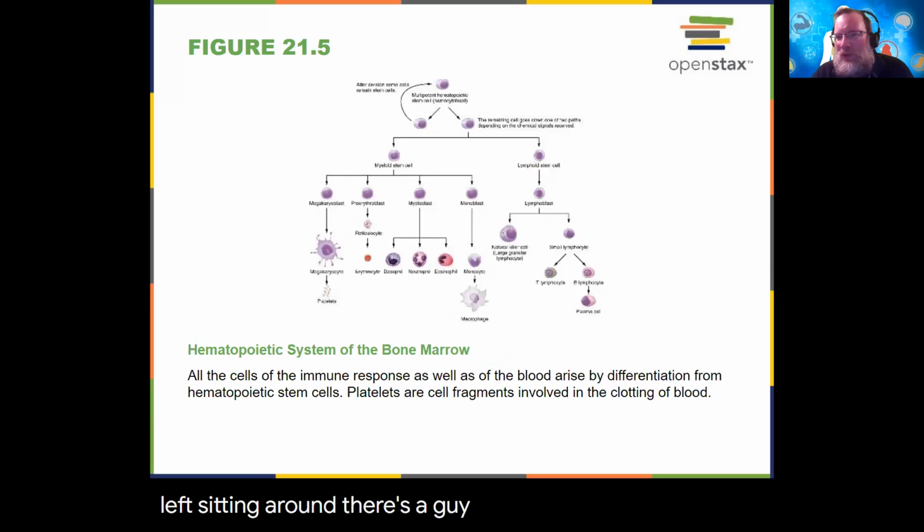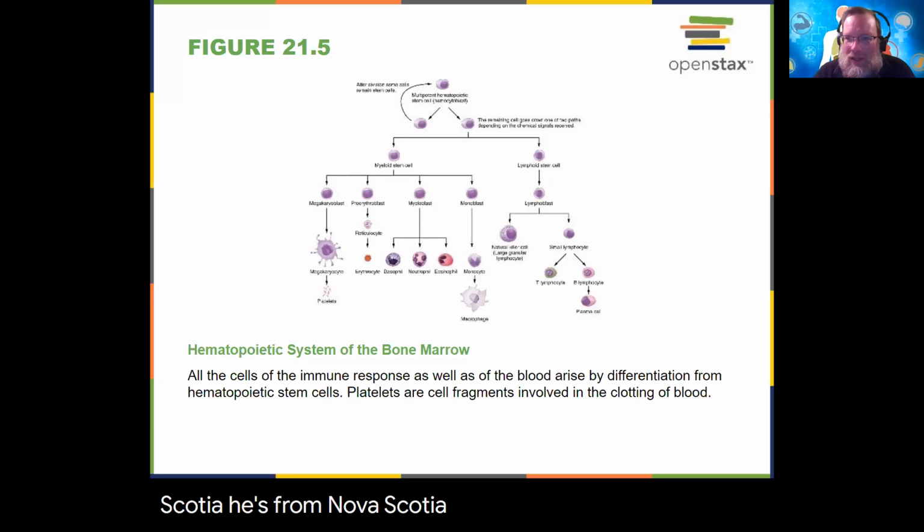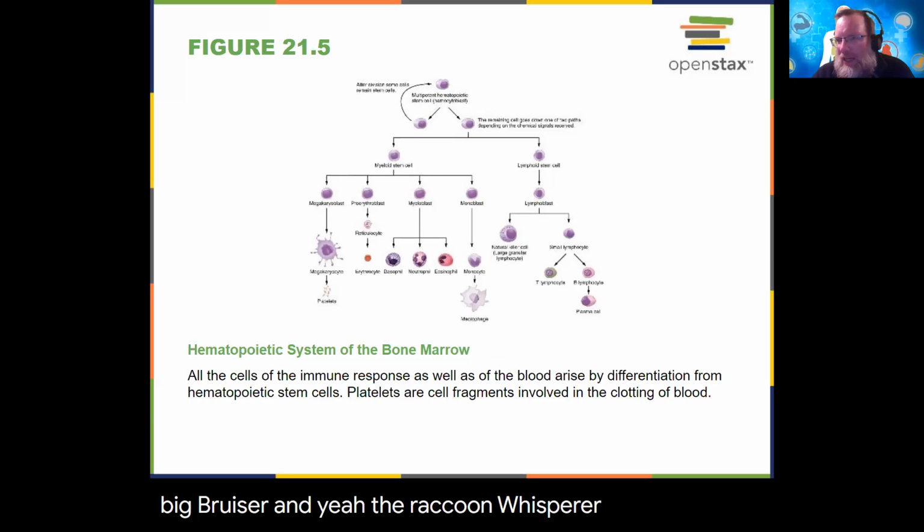There's a guy on YouTube. I think he's called the Raccoon Whisperer, and you should check that dude out. He lives, I think, up in Canada, like New Brunswick or somewhere in Halifax. That's Nova Scotia. He's from Nova Scotia, but this guy, real old guy, big bruiser, the Raccoon Whisperer. YouTube that cat.